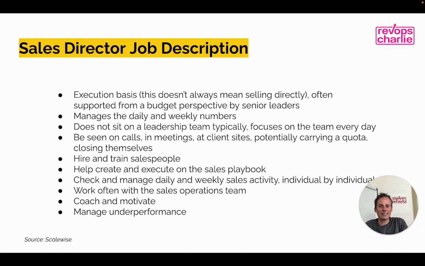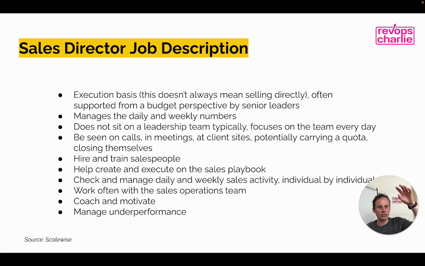You might call it a sales manager. Ultimately, it's a player manager role. It is someone that is head of sales, who has a team of sellers underneath them, but they are focused on execution. They are managing that sales team. They're reporting to you in terms of the forecast, but they are not a leadership level type person.